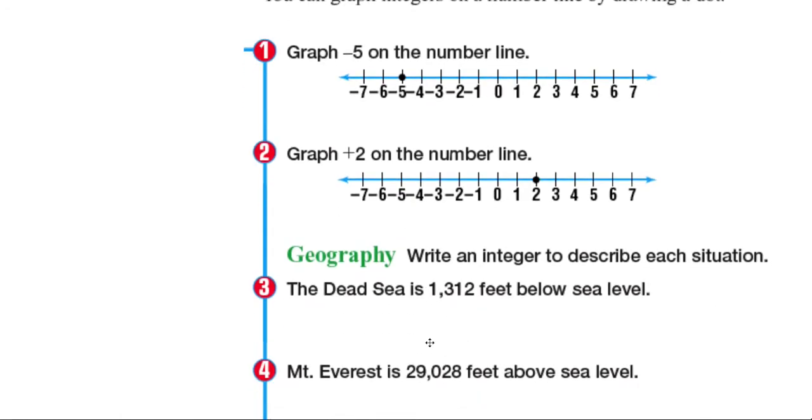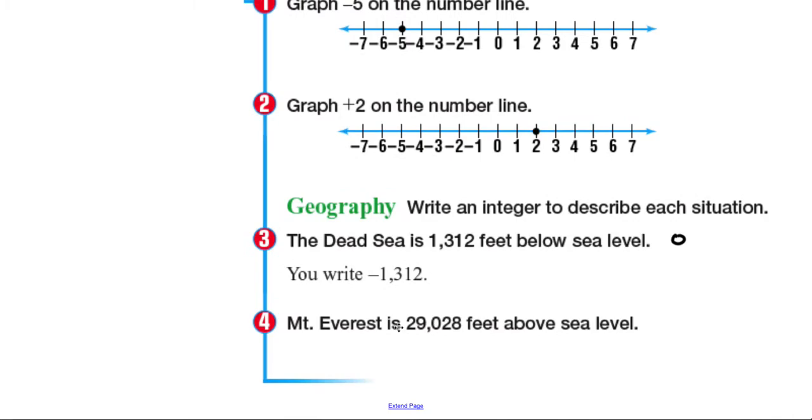Geography: write an integer to describe each situation. The Dead Sea is 1,312 feet below sea level. Let's say sea level is 0. So 1,312 feet below sea level is negative 1,312. Mount Everest is 29,028 feet above sea level.